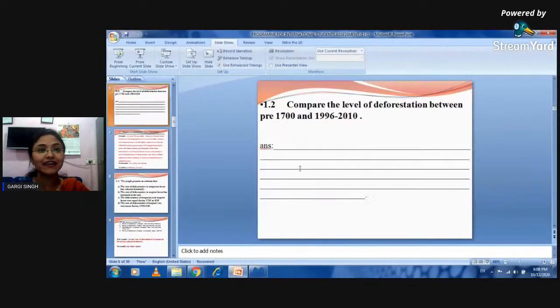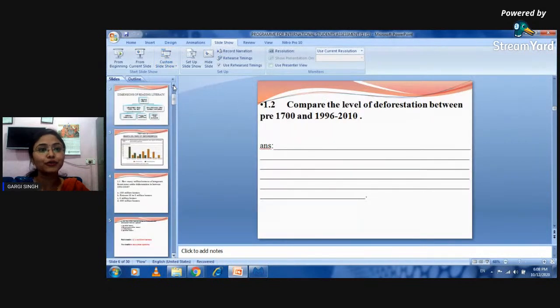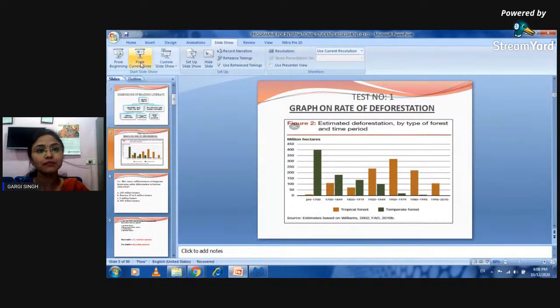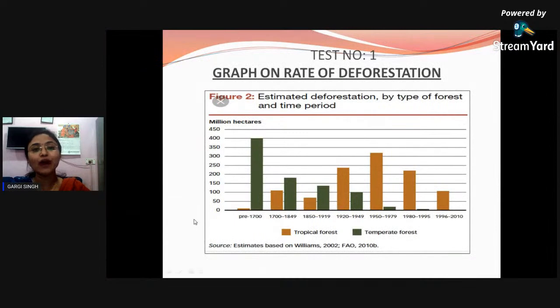I'll show you the slide again to make it easier. You have to compare pre-1700 and 1996 to 2010: what was the rate of deforestation in the type of forest and the area covered? So quickly answer the questions. I'm waiting for your answers.